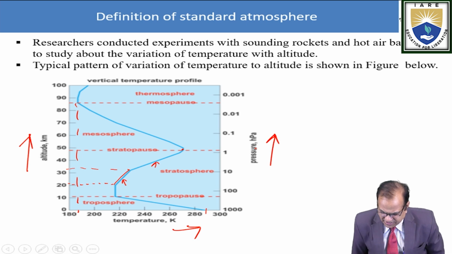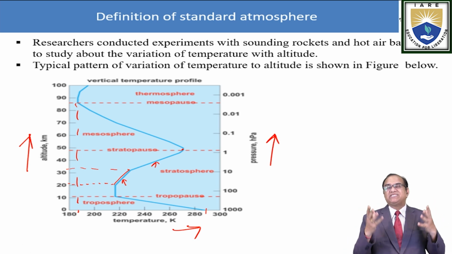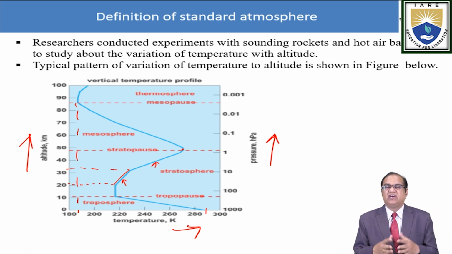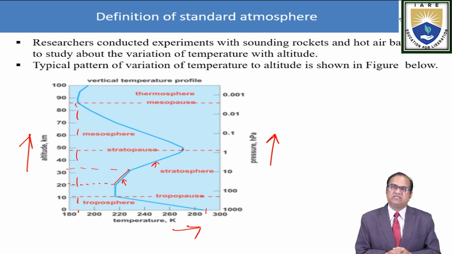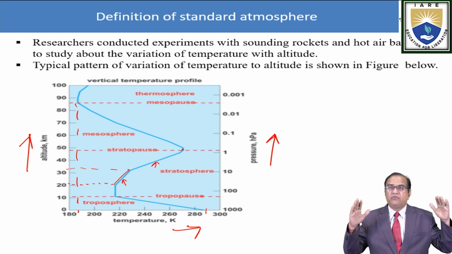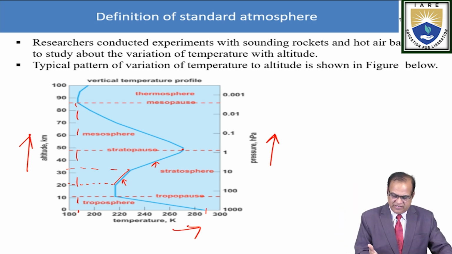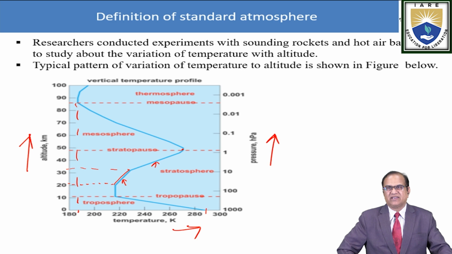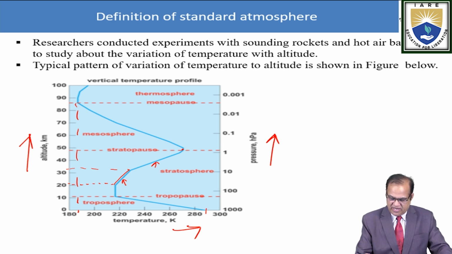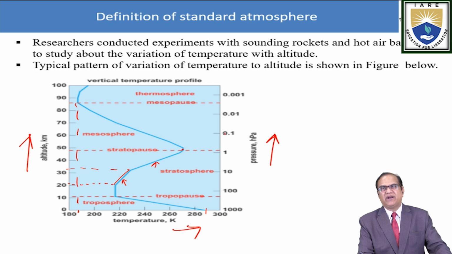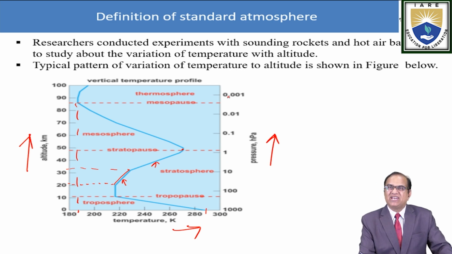So it is very important that if you want to measure the velocity, the air speed, the aircraft speed, or the altitude, you cannot use the temperature variation. But the pressure is continuously decreasing as you go up and up, and the pressure becomes very, very low.